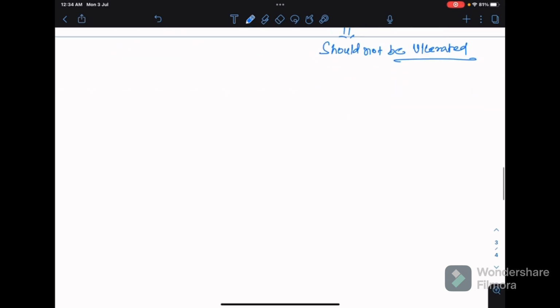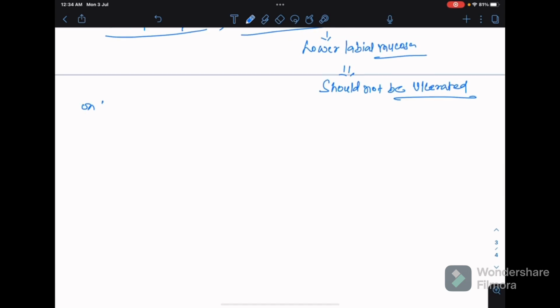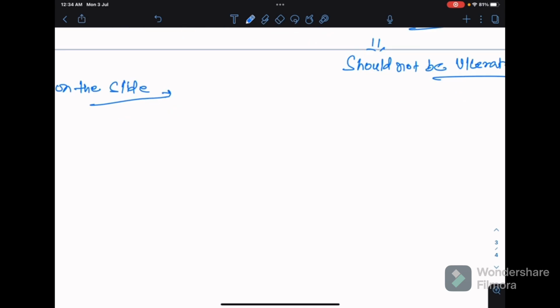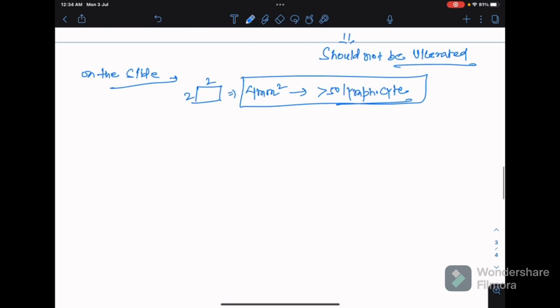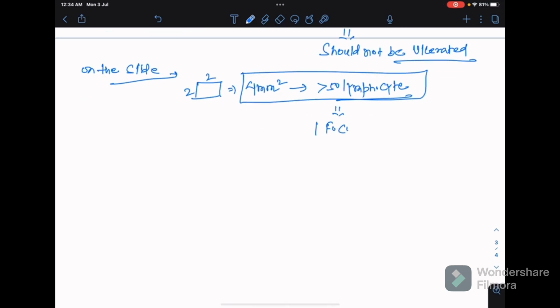Right? So on the slide, if you see in an area of 4 millimeter square more than 50 lymphocytes, then this will be considered as one focus, right?